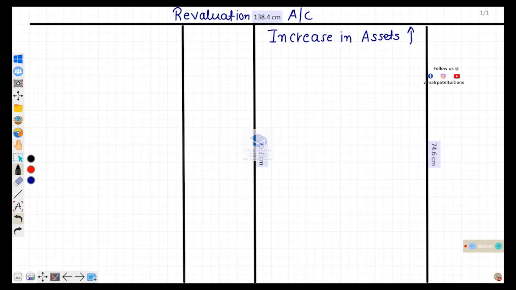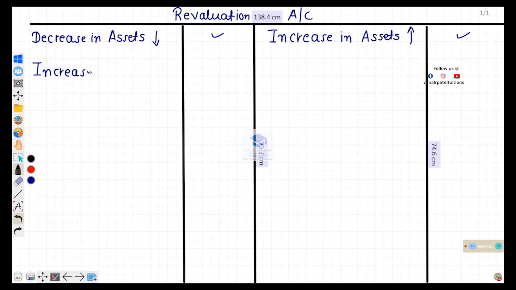Same way, if there is a decrease in value of an asset, it is a loss. So it will be recorded on the debit side of the revaluation account. Then if there is an increase in liability, meaning you have to pay more amount, then it is your loss.